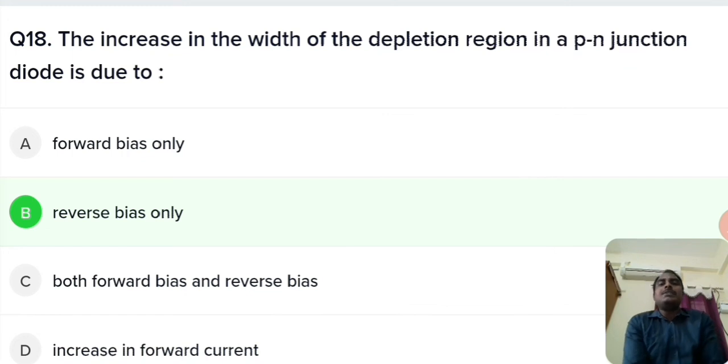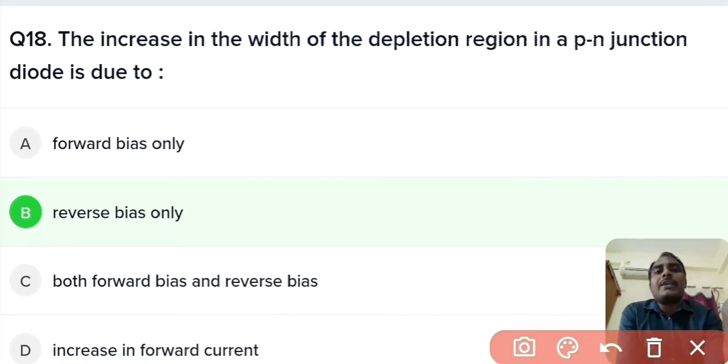Next, 18th problem. The increase in width of depletion region in a PN junction diode is due to. So in a PN junction diode, we know about the depletion region, whether it is forward bias only or reverse bias only or both. It is a conceptual question, so I will draw the diagram.